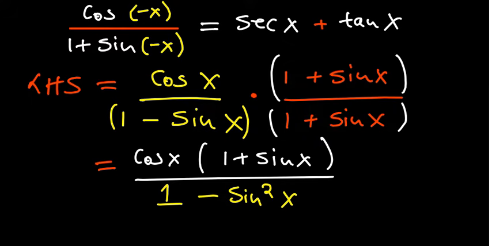Now at this point, we wouldn't want to expand it again, because if we do, we are going to reverse whatever we've done. So we understand that 1 minus sine squared of x is the same as cos squared of x, and then the numerator will maintain. Due to lack of enough space, I'll proceed on the top part.